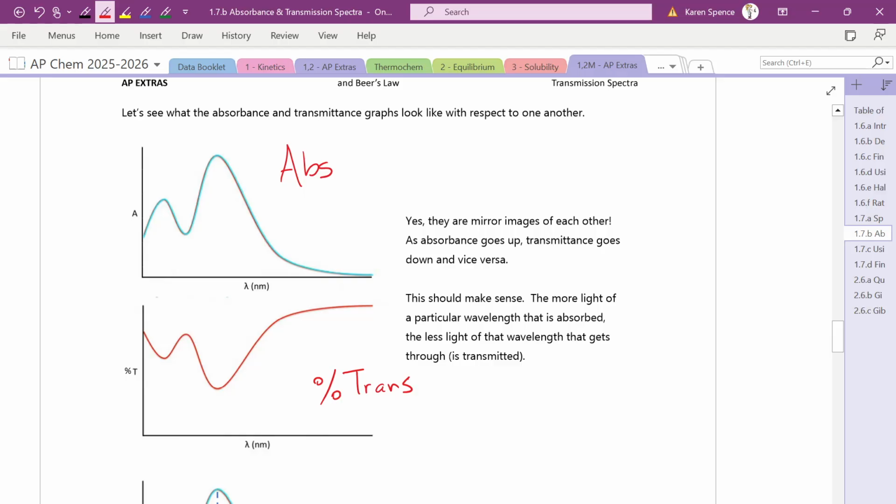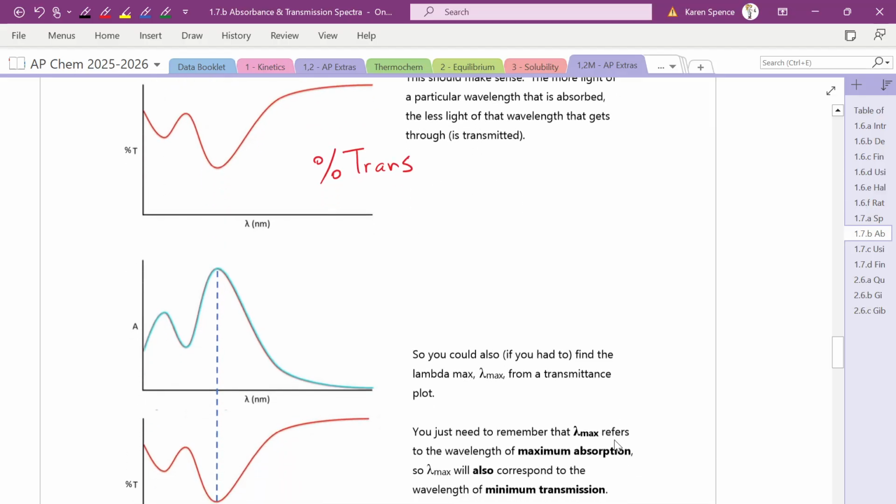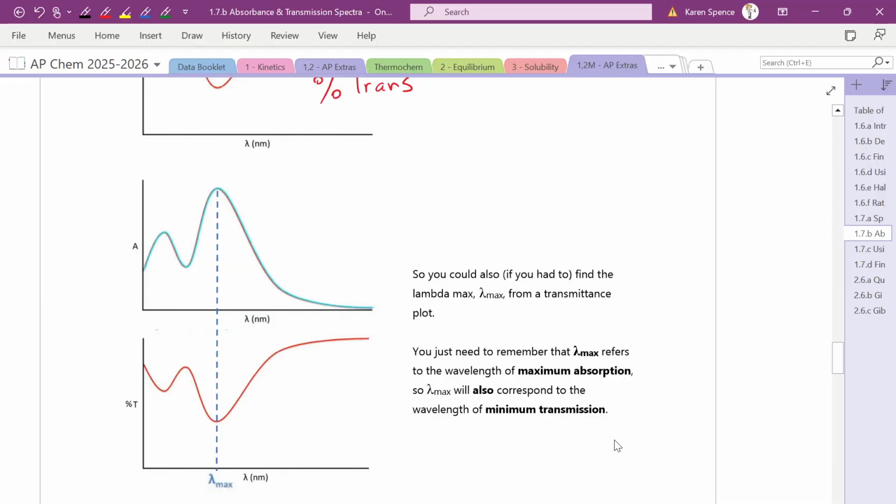As the absorbance goes up, the transmittance goes down. As the transmittance goes up, the absorbance goes down. So the lambda max, if you're measuring absorbance, is actually the lambda min for the transmittance. But nobody ever measures transmittance, so you wouldn't really do it. Okay.